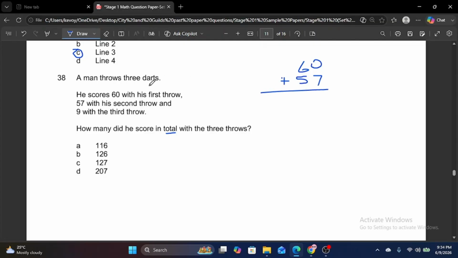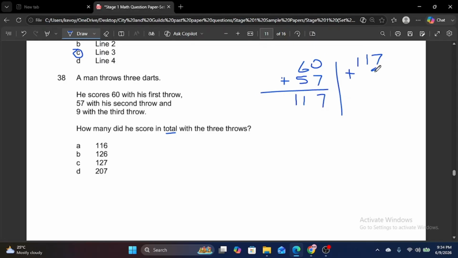And look what I did right there, because in the exam you don't want to make a lot of mistakes. So I'm breaking this down. Yes, I'm going to add all three scores, but I'm going to break it down into two parts so it makes it easier. So 60 plus 57, 0 plus 7 is 7, and 5 plus 6 is 11, so I have 117, and I'll just finish it off by adding 9.